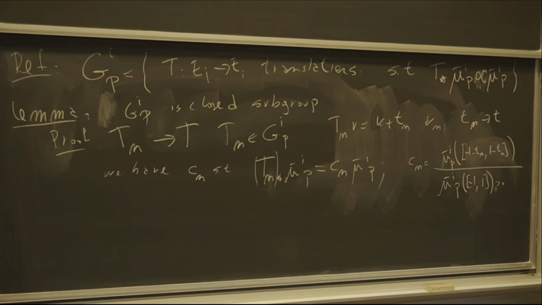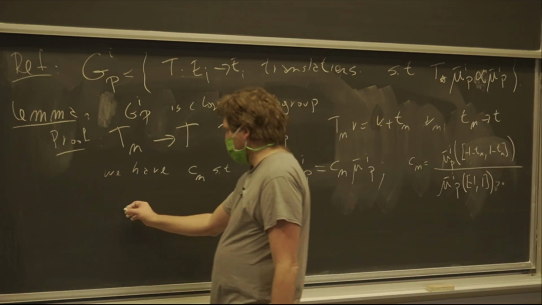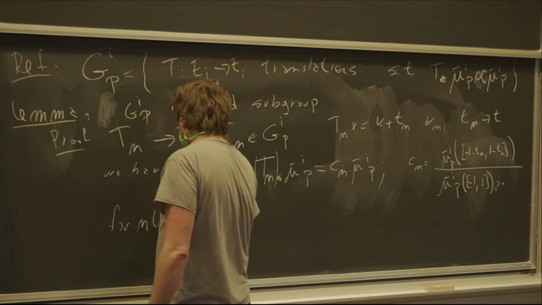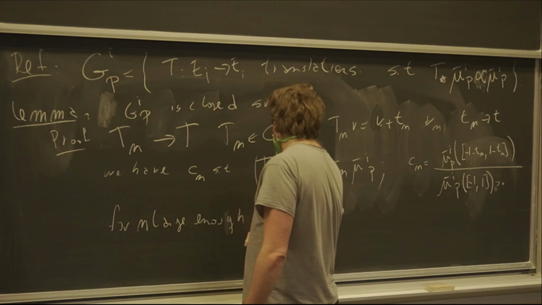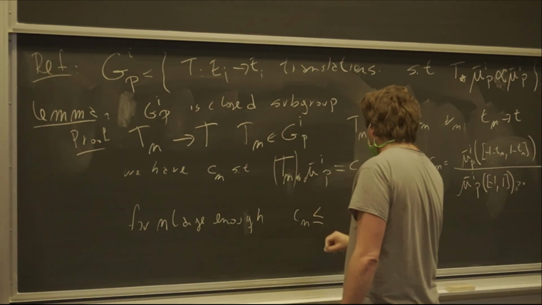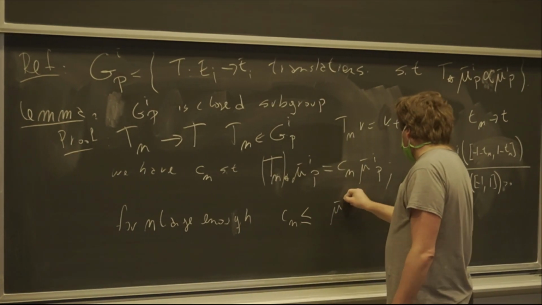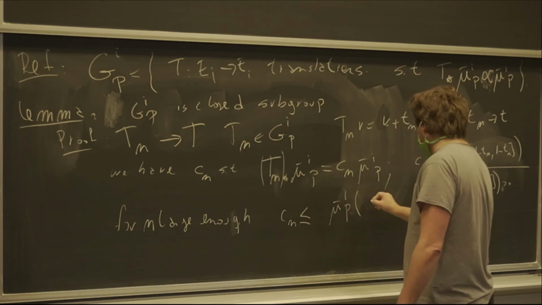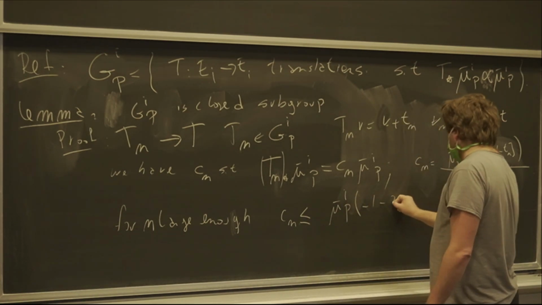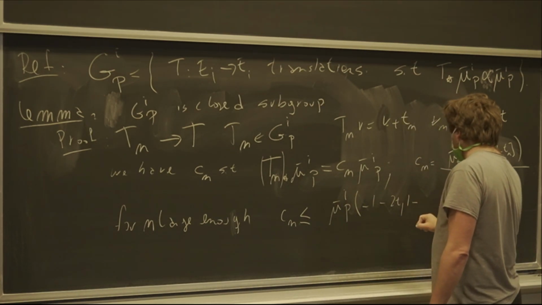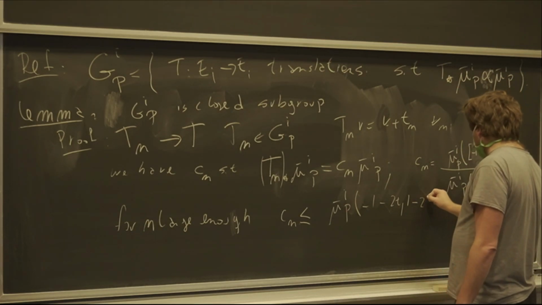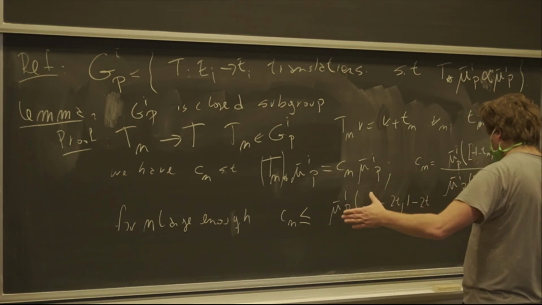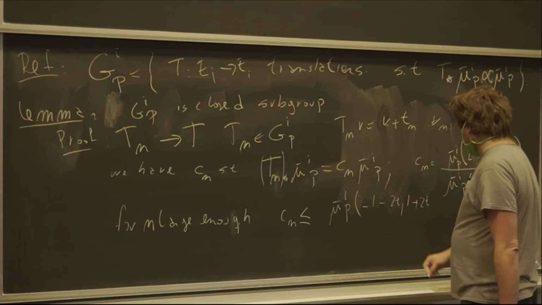This Tn is going to T, which implies that for n large enough, Cn is smaller than or equal to mu bar IP of minus 1 minus 2t, 1 minus 2t, I guess, or maybe I have to put plus 2t.